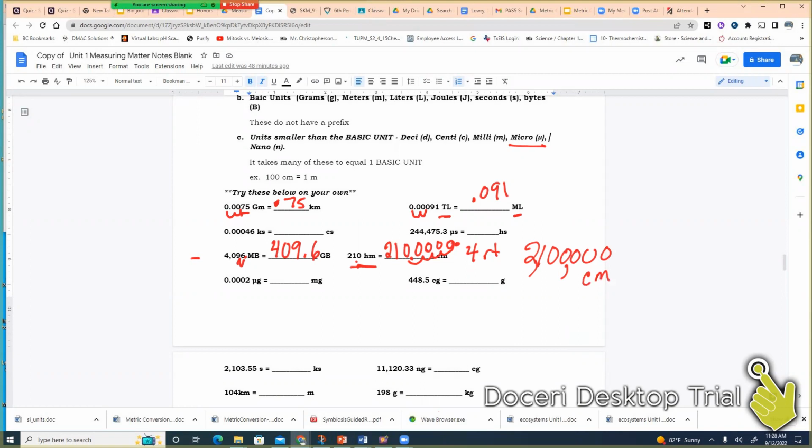Does anybody not get where we're doing the places, what we're counting on that little chart? Y'all are good on that? If you're jumping places to the right, then you're moving your decimal to the right. If you're jumping places left, you're moving your decimal to the left. It follows that. Yes, ma'am.